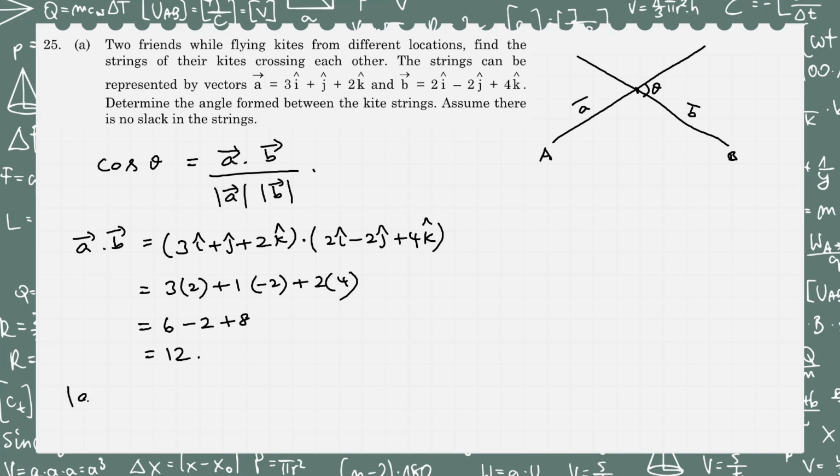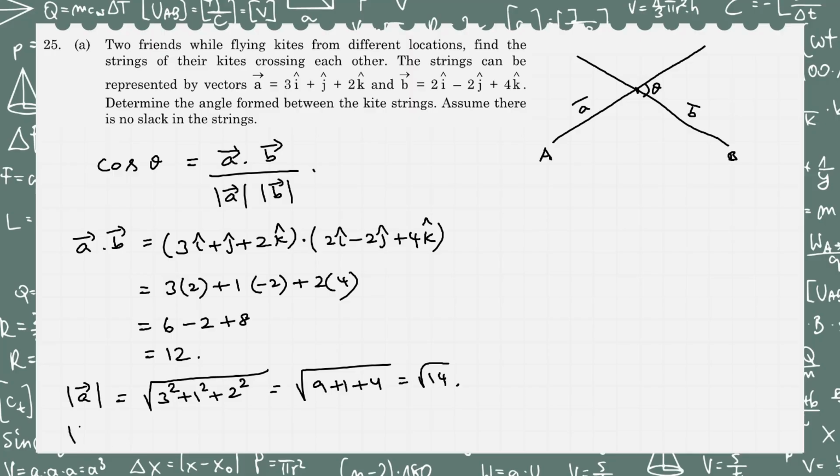Now length of A vector will be root over 3 square plus 1 square plus 2 square, which is root over 9 plus 1 plus 4, which is root over 14. And length of vector B equal to root of 2 square plus minus 2 square plus 4 square, which is root over 4 plus 4 plus 16, which is root over 24.